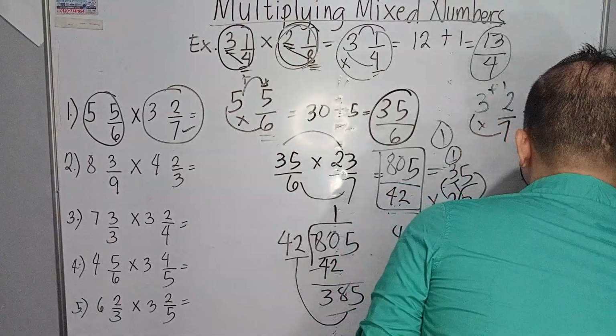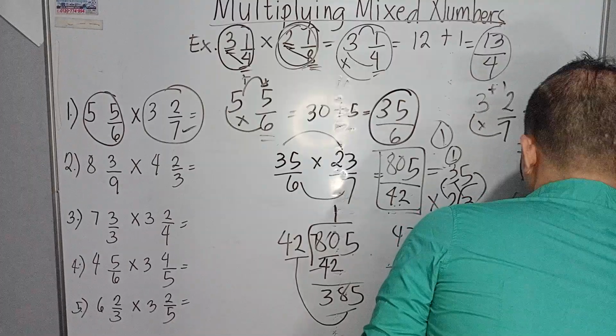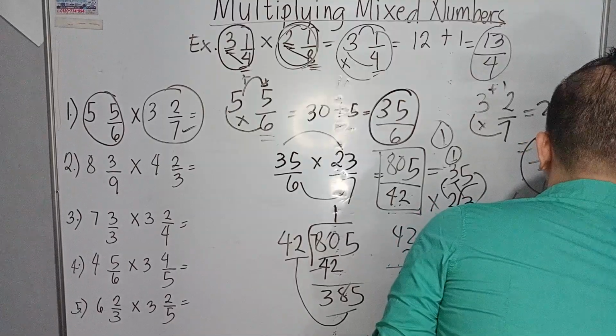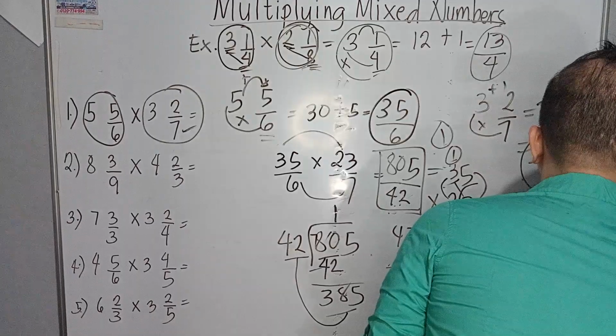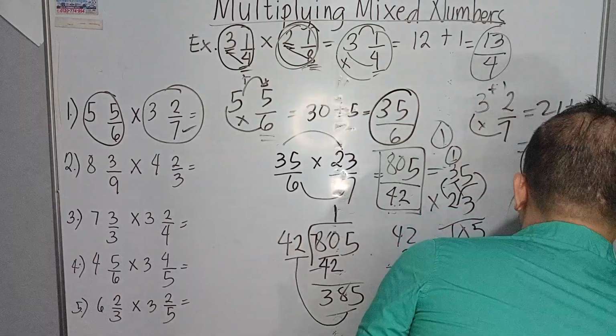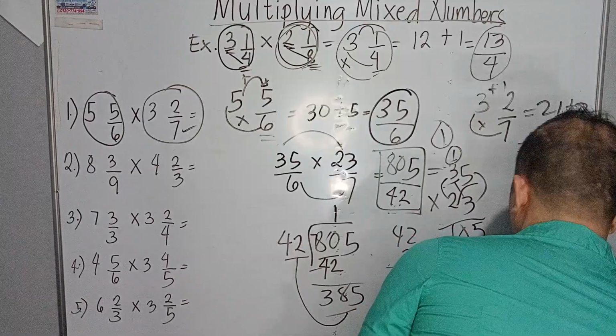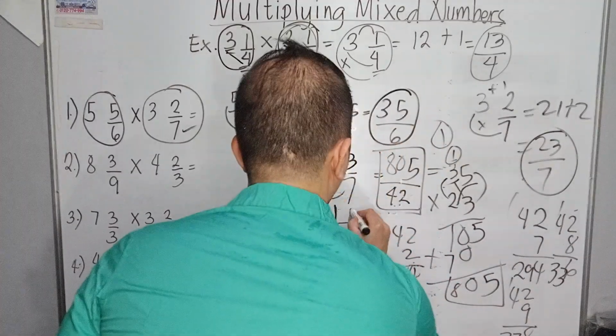So 42, so we have 7. 1, 16, 18, so we have here 9.